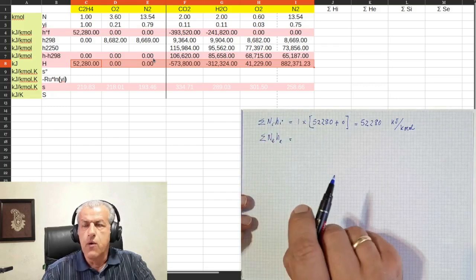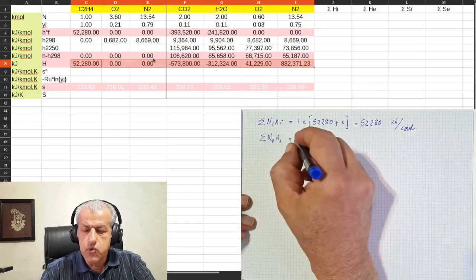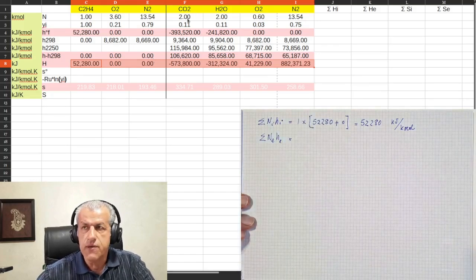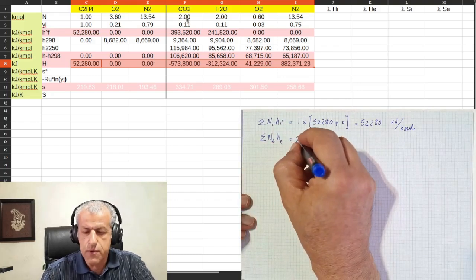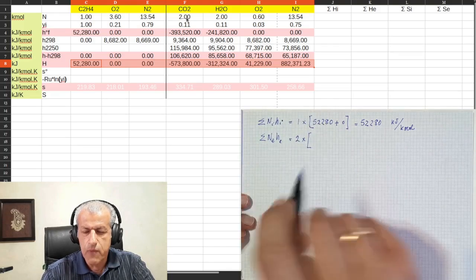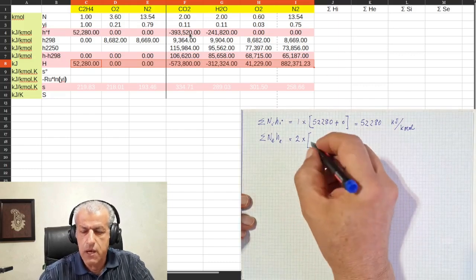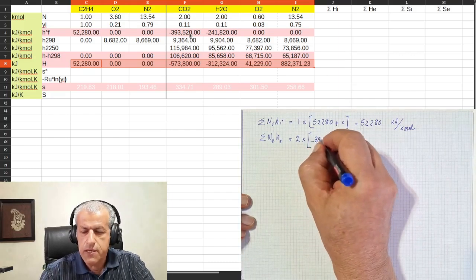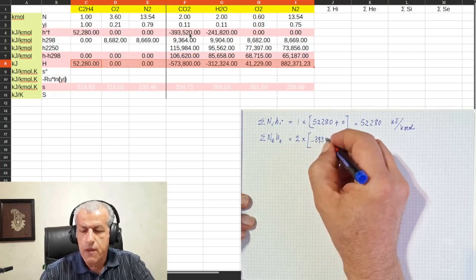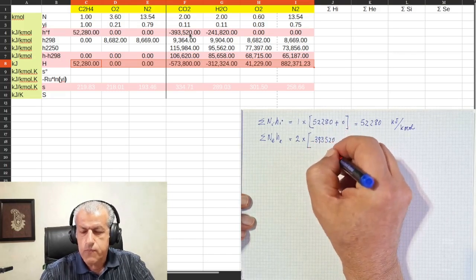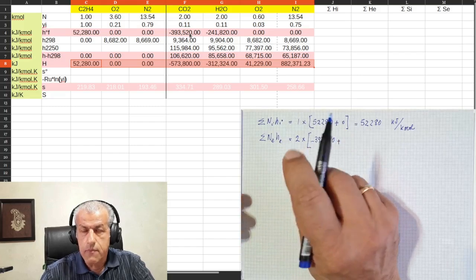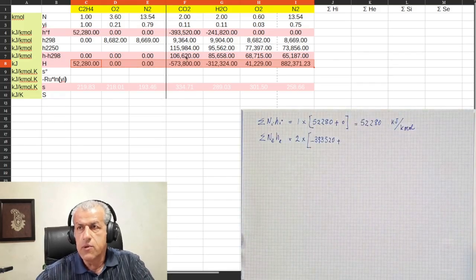So, what do we have? We have 2 moles of CO2, starting with CO2, so there is a 2 times. Now, the enthalpy of each mole of CO2 consists of its enthalpy of formation, which is minus 393,520, plus its sensible enthalpy, which is the difference between these two.